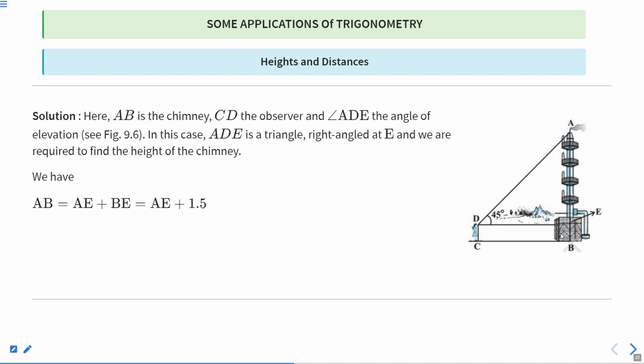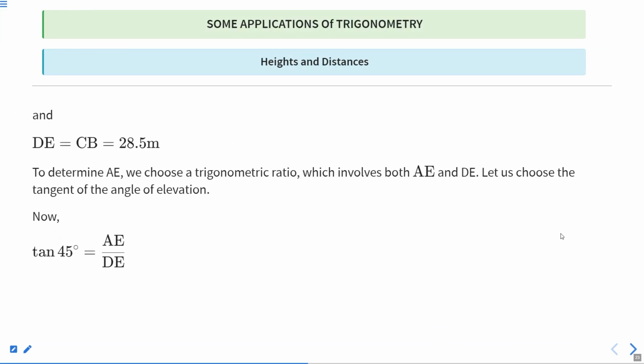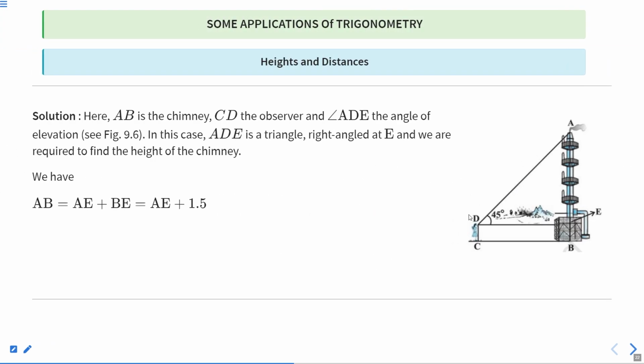So AB is equal to AE plus 1.5. And DE is equal to CB, and this is equal to 28.5 meter, given to us.